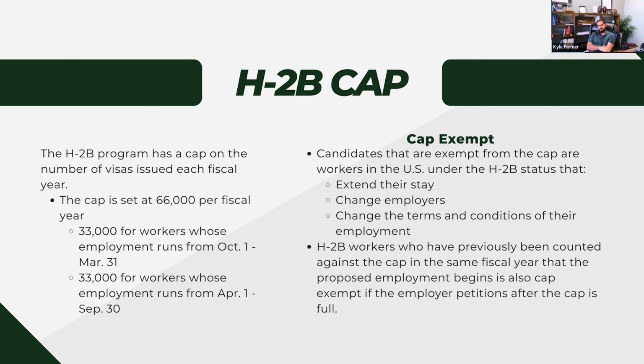Let's say that's your season. You need people from March through November, and your brother and his lighting installation company need workers from December through February. Well, y'all could transfer your workers back and forth for up to 3 years, and those would not be cap subject workers. They would be cap exempt workers.